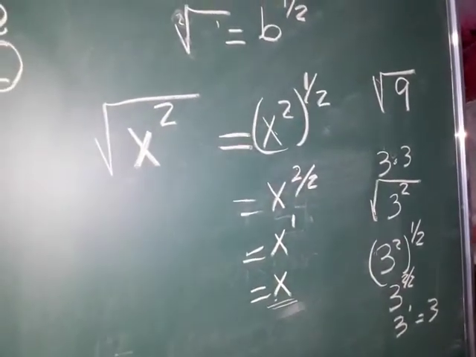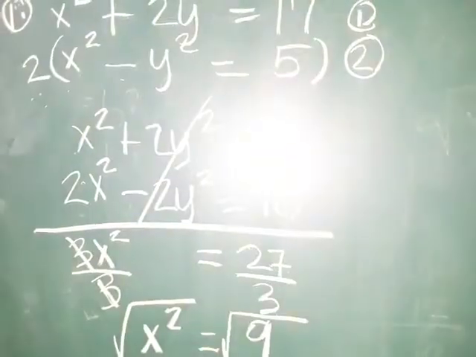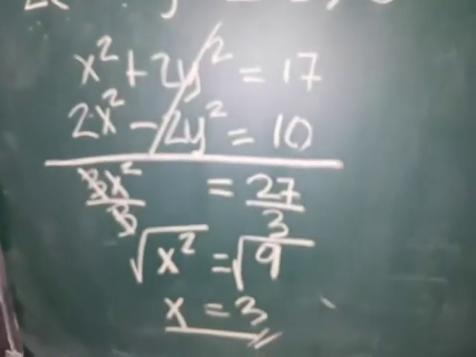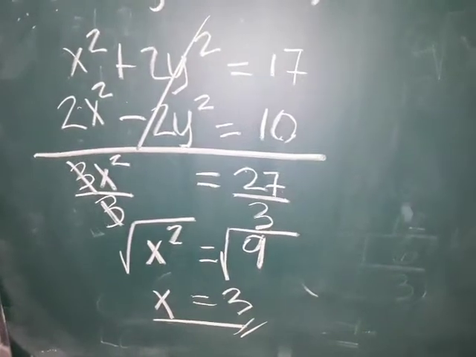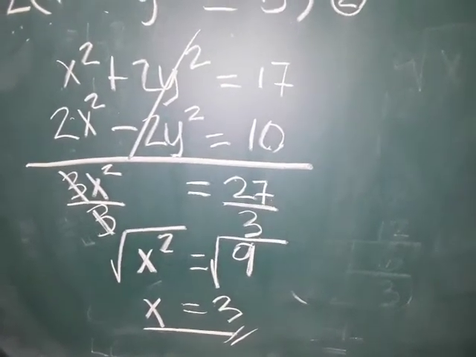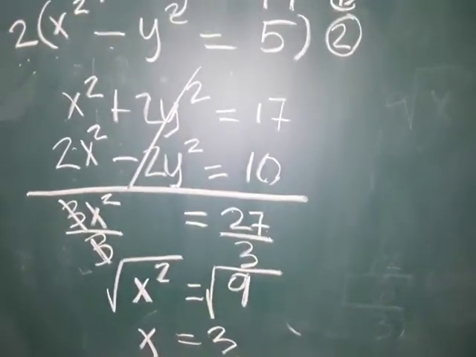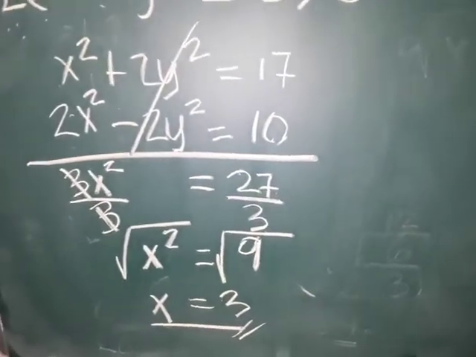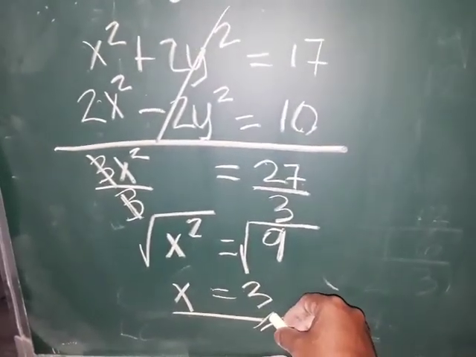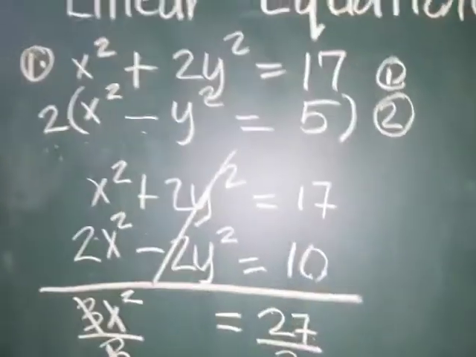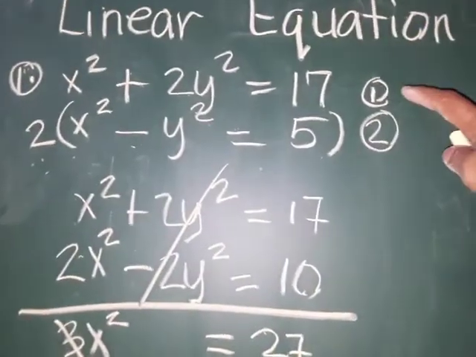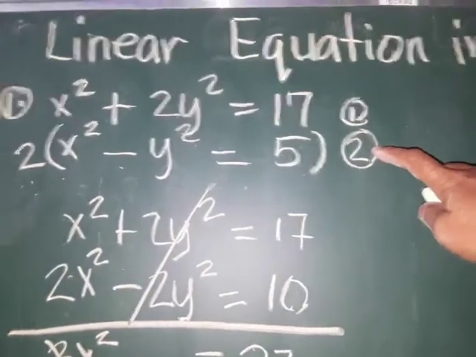Okay, we're going to proceed. Since we already have our x, then we're going to get our y. How? We're going to substitute now the value of x to any of the given equations.